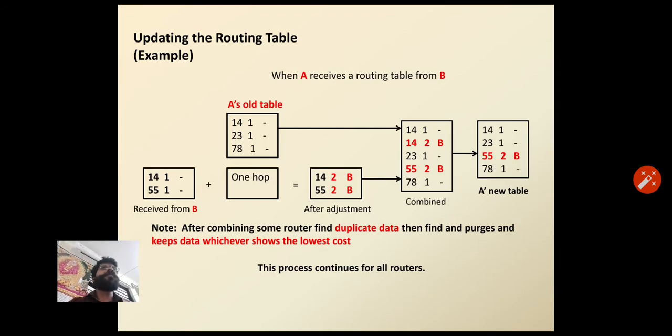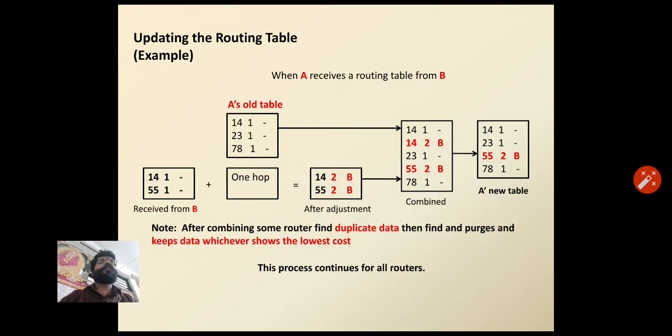So, you can eliminate one of them. What is the rule of elimination? We look at the cost of this network. The same network has two costs, one is 1 and the second is 2. So we purge the highest cost entry, which is 14.2B, and keep the lowest cost.